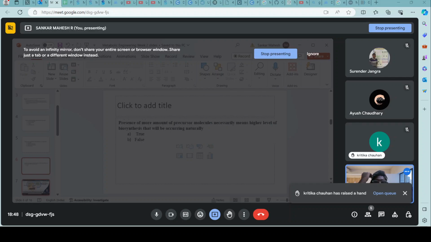Instead of telling the right answer, Kritika, this time you can give an explanation of what exactly happens given we have a particular amount of precursor molecule. You can take a couple of minutes and then start. Okay, sir.